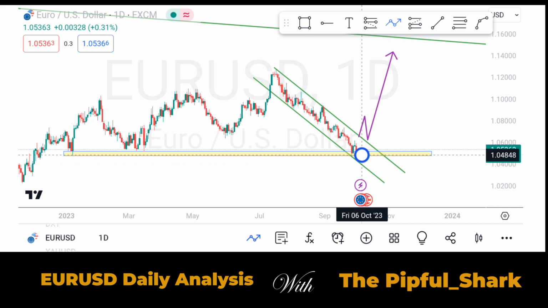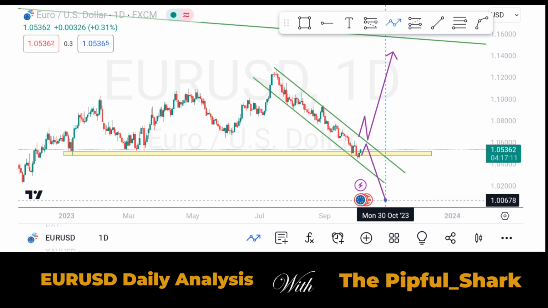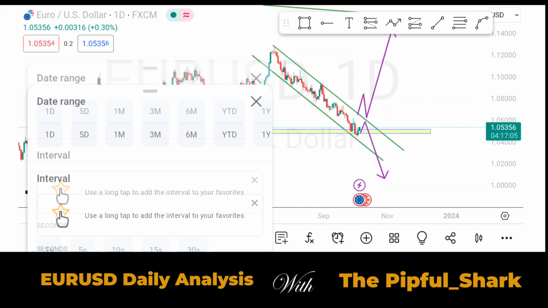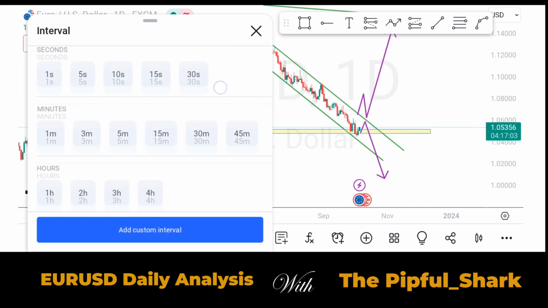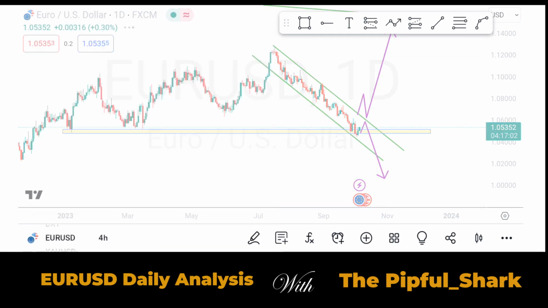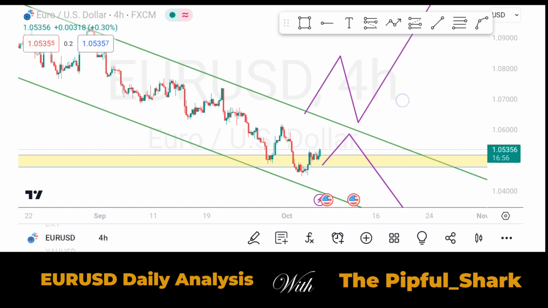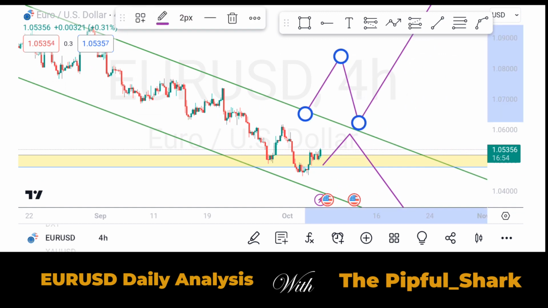So what we are anticipating for this kind of a move is a drop, but that is going to be dictated by what the lower time frame, let's say 4 hour, is currently doing.